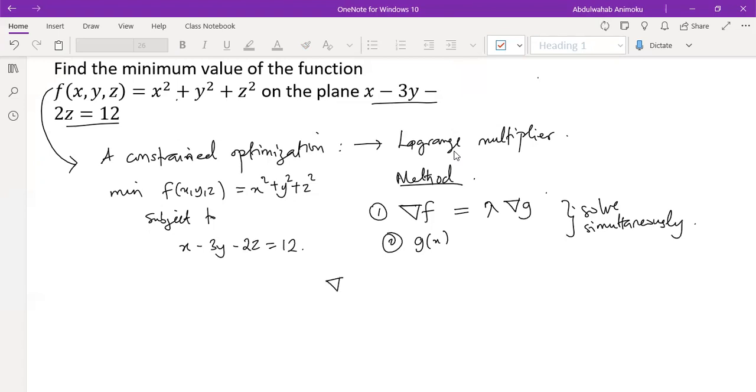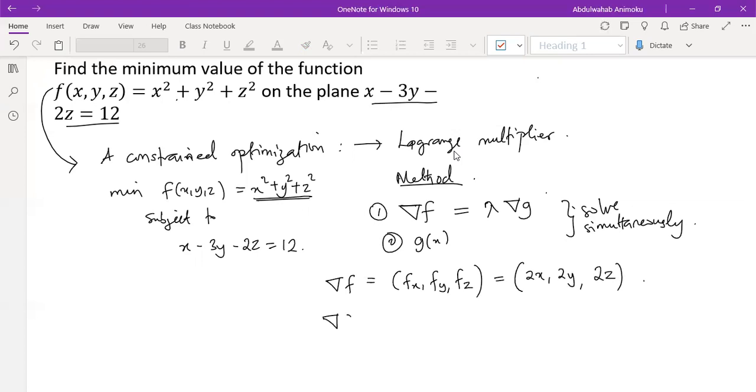The gradient of f is given by the partial derivatives with respect to x, y, z, which is a vector. The derivative of this function with respect to x is just 2x, with respect to y is just 2y, and with respect to z is just 2z.